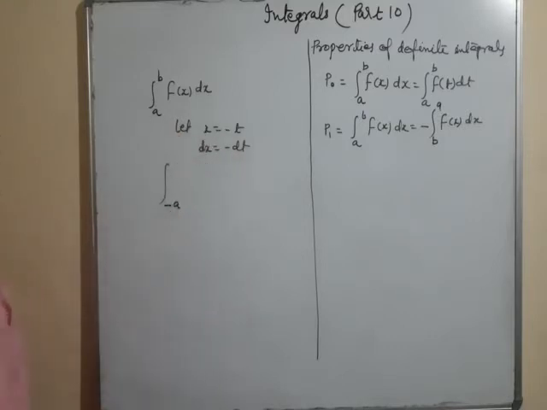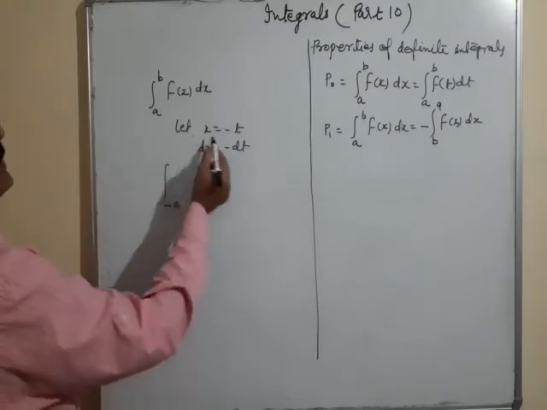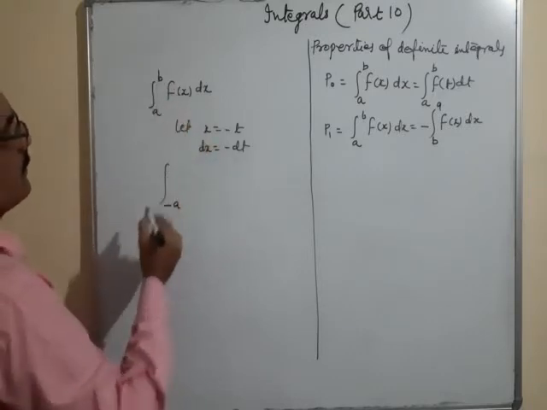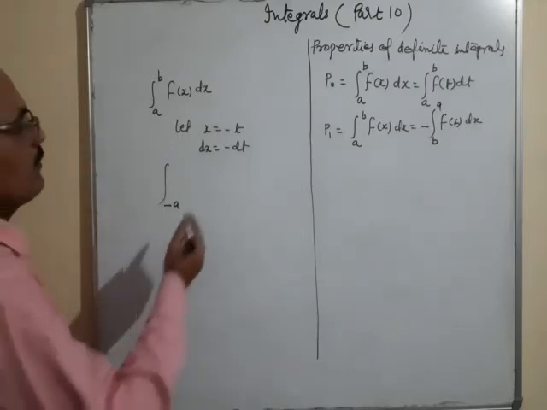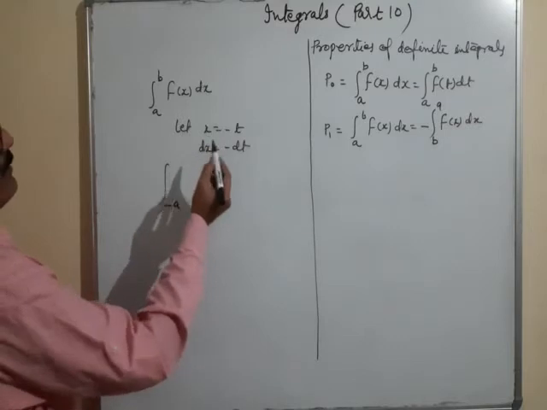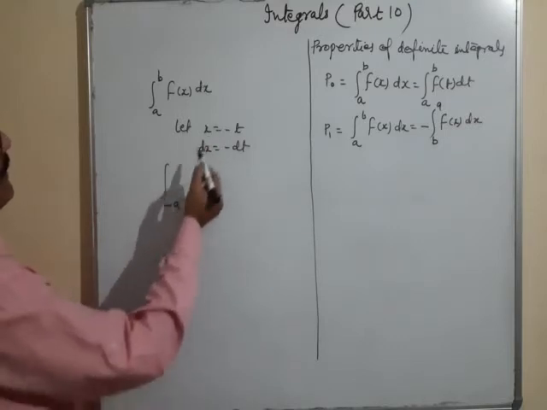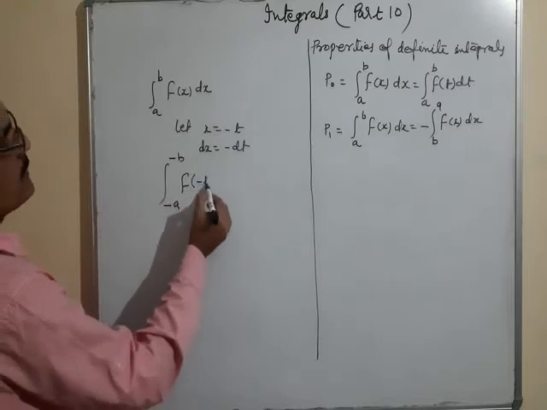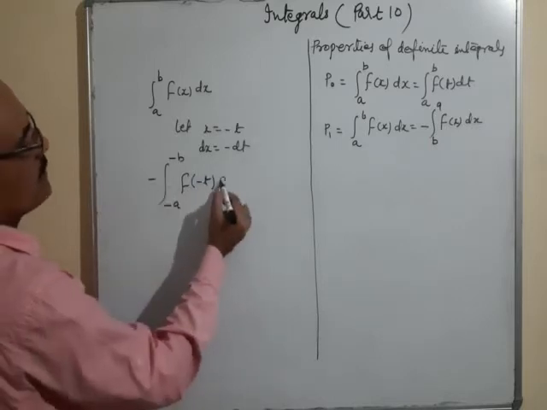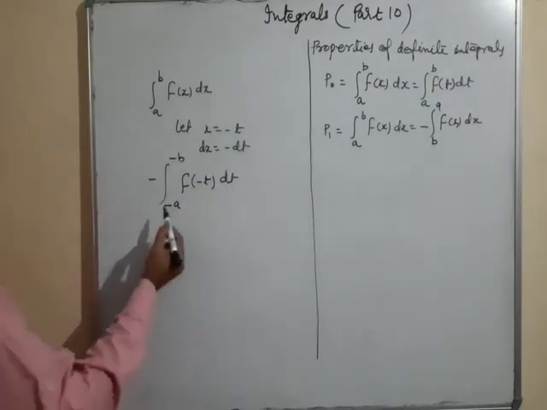Okay. And x is equal to b, but it will come in the form of minus, right? But it's okay, no problem. We can solve it then also. If x is minus a and b it is minus b, f of minus t and minus sign out, it is dt. Okay. So what is coming?